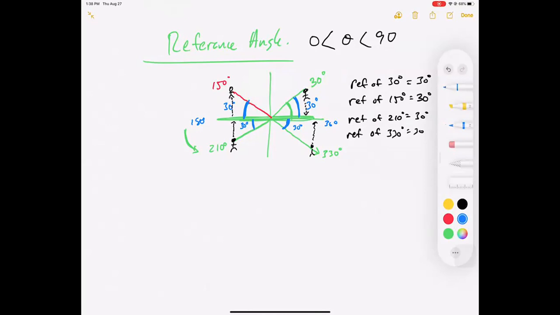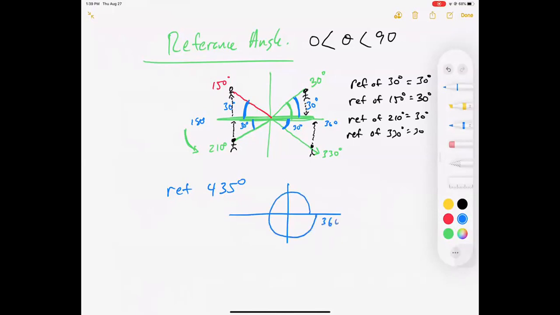What would the reference angle of 435 degrees be? Seems a little bit weird. Let's draw it out. Let's figure out where it's at. Some of you guys might know it already, but let's just walk around the circle. 435 degrees would be one full circle.